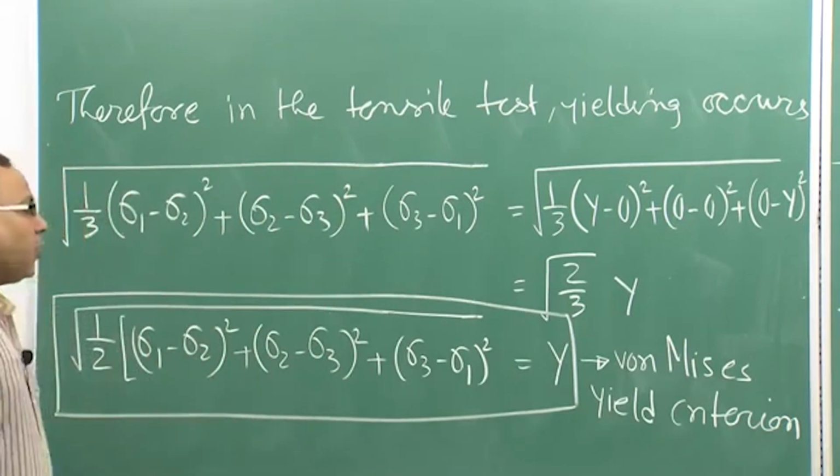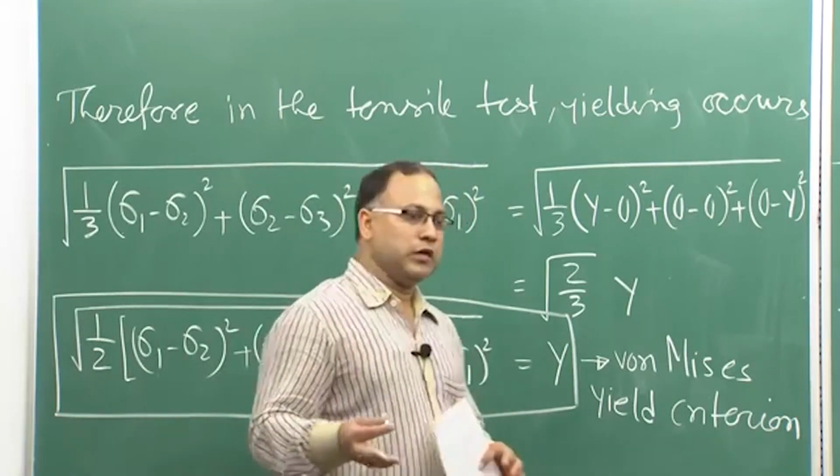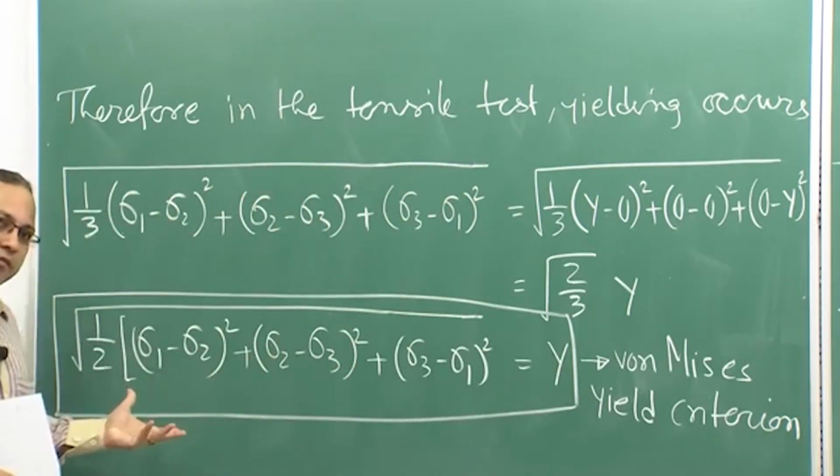Okay. So, this is popularly known in mechanics as von Mises yield criterion. So, you have got now what is von Mises yield criterion, right.